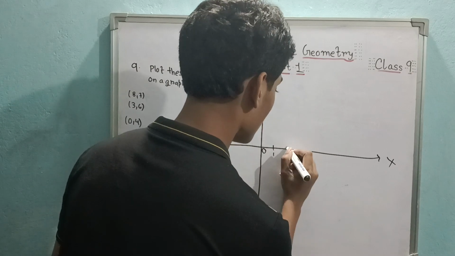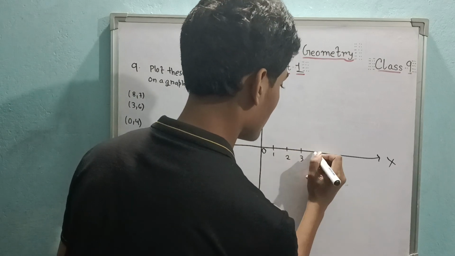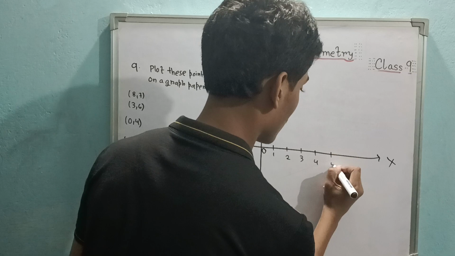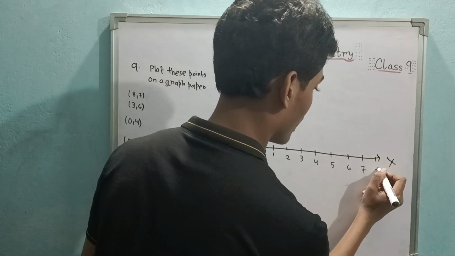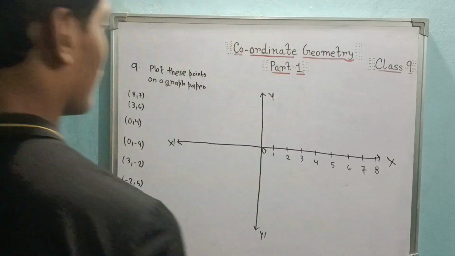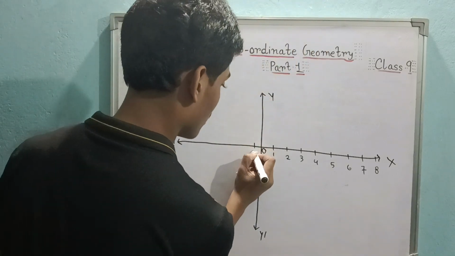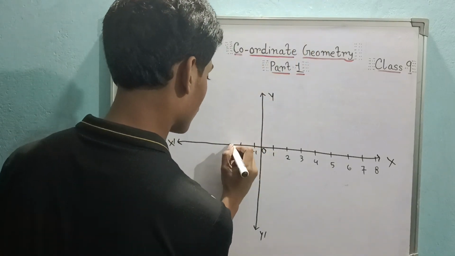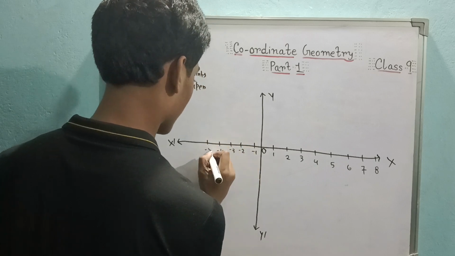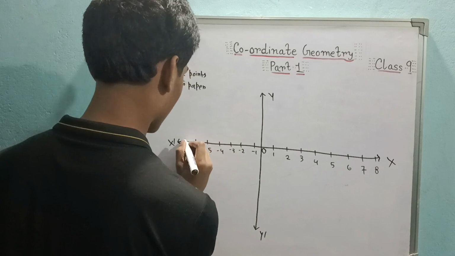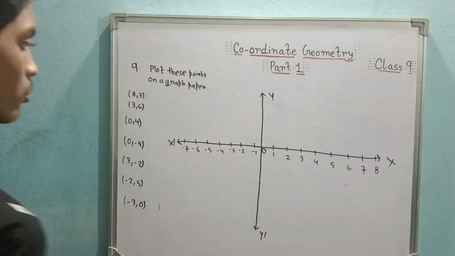Now here is 1, 2, 3, 4, 5, 6, 7, 8. Finished. Now on this side, minus 1, minus 2, minus 3, minus 4, minus 5, minus 6, minus 7. On this side up to minus 7, okay?